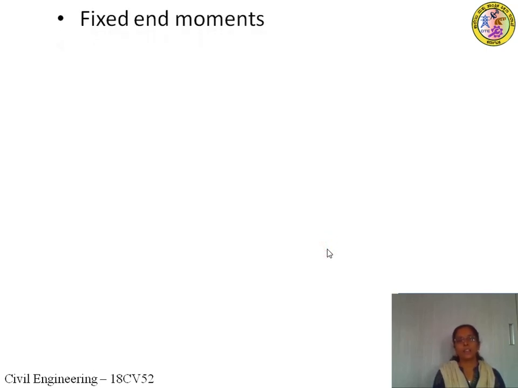Next, let us take a look at how to find the fixed end moments whenever the given frame undergoes a sway. So let us assume a frame which undergoes sway of delta. Let us consider an unsymmetrical outline of the structure. Okay, so let L1 and I1 be the length and moment of inertia for member AB, and L2, I2 be the length and moment of inertia for member CD.